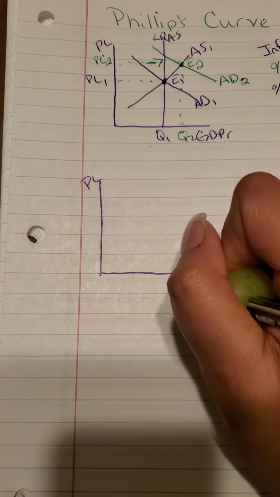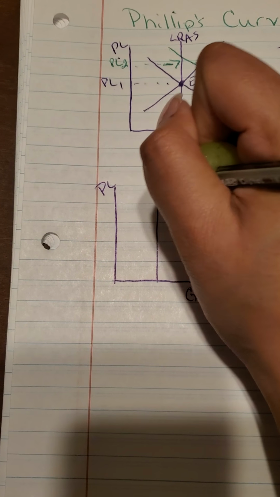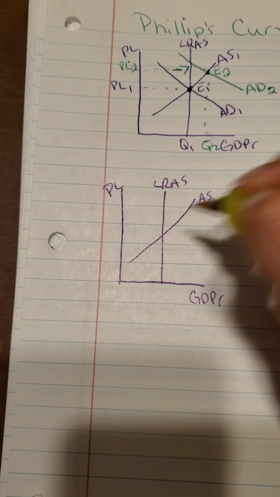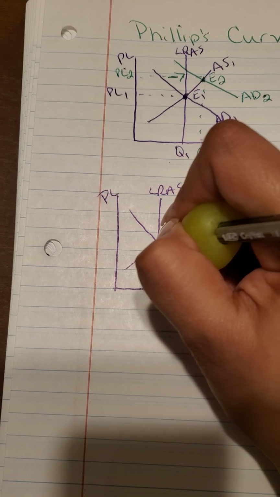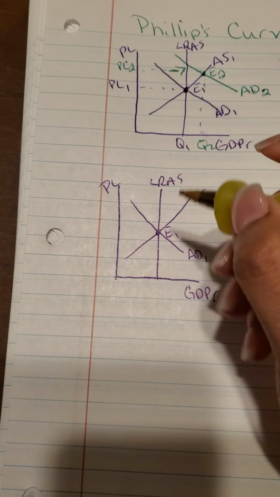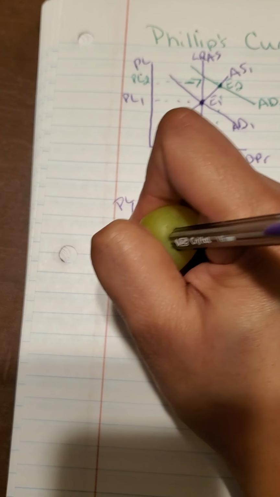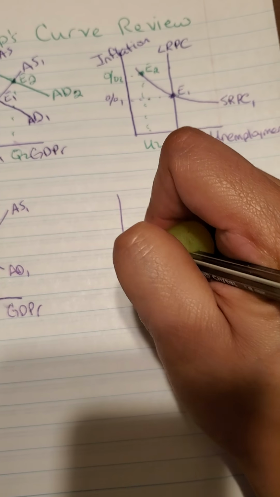So price level, real GDP, long run aggregate supply, aggregate supply to the sky, aggregate demand to the land. Again, I like to start off at full employment, just because it makes things easier. Okay, and then we have our Phillips curve.